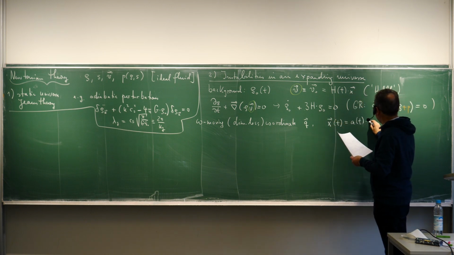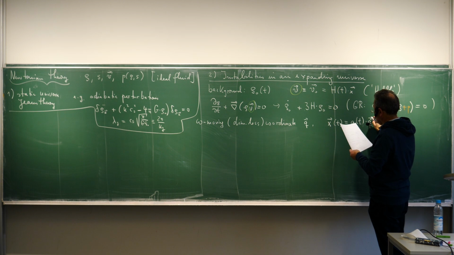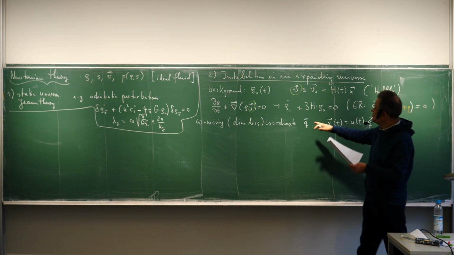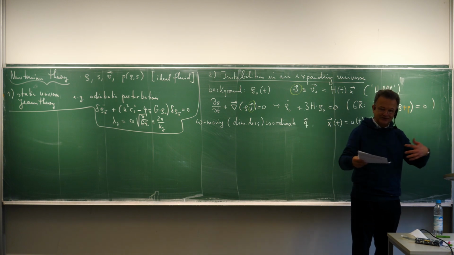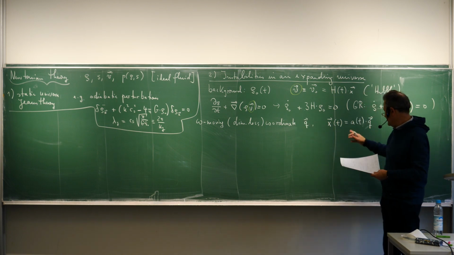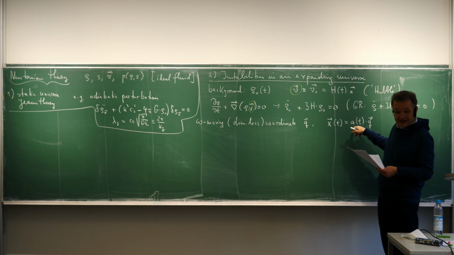So we have then here a timeless variable q. That's the co-moving coordinate. So you just somehow expand with the universe, and the expansion information is put in that scale factor.